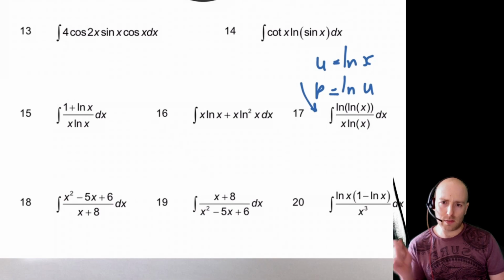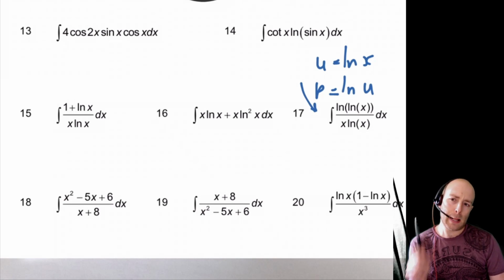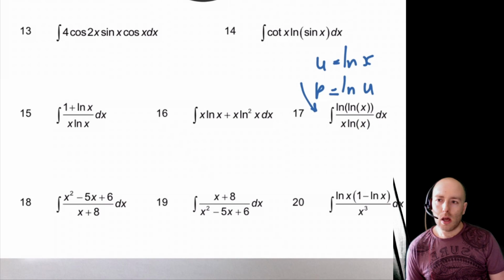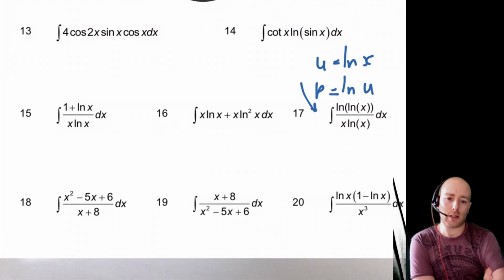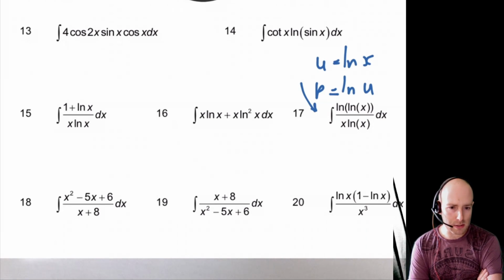I think 18 is long division. 19 is a partial fraction. 13, I think, is double angle formula. 14 is recognition, I believe. 15 is going to be some kind of substitution, I think. No, 15 could be recognition as well. So yeah, there's a few ways of doing these, but if you guys could have a look at these, I imagine you're going to get a bit stuck.